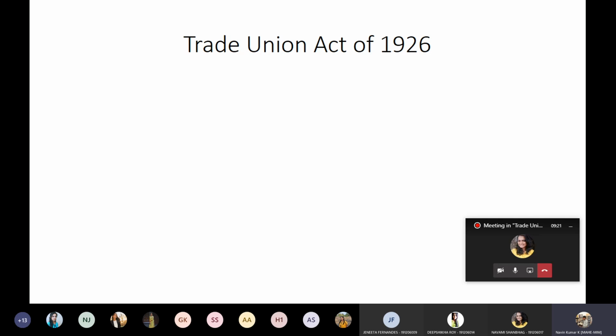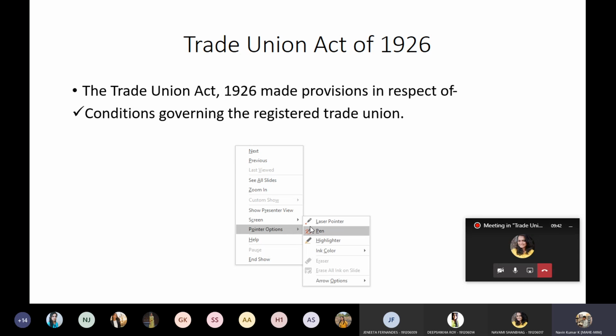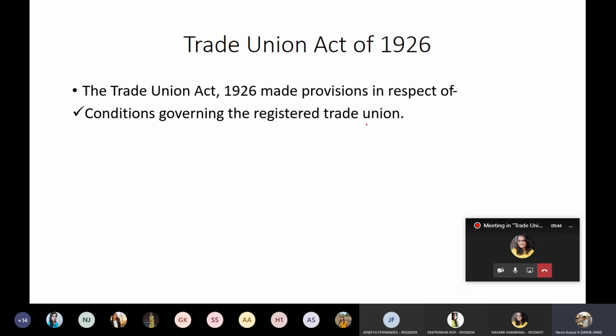We're moving ahead. We'll discuss what exactly the object of the Trade Union Act of 1926 is. The Act is made in respect of conditions governing the registered trade union. I mean, while registering the trade union, what all the conditions need to be satisfied, what documents need to be submitted, and how many members should subscribe their names to the rules of the trade union, and that we'll discuss under the Act.